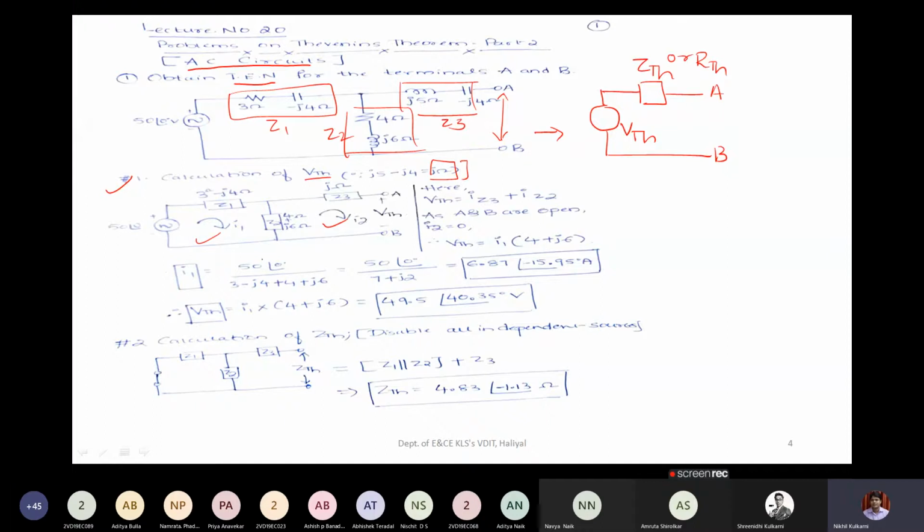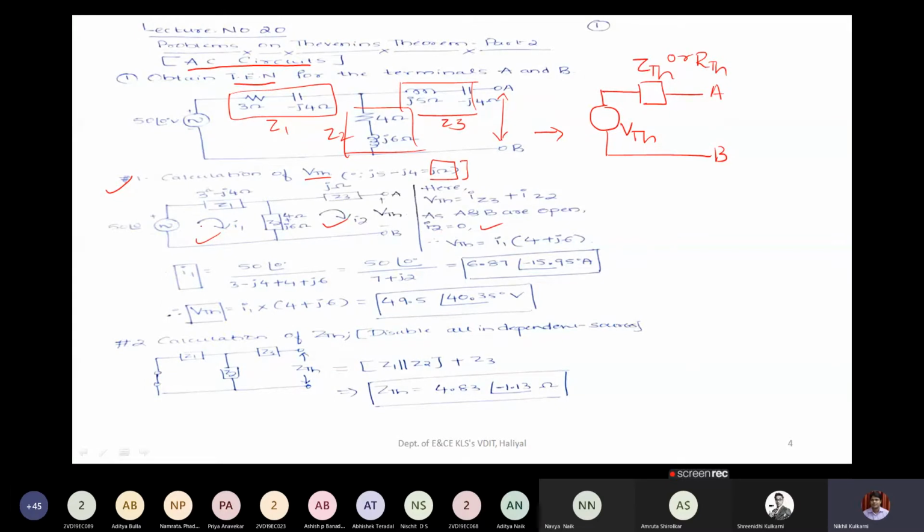One more observation: since the second loop is not a complete loop, we have an open circuit, so we can say the I2 current will be 0.